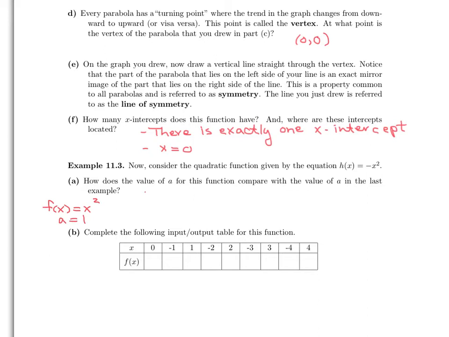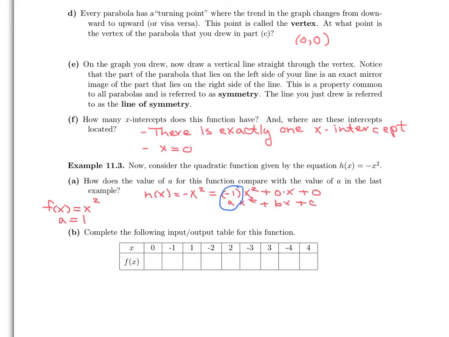In our current example, h at x equals negative x squared, which we can write as a negative 1 x squared plus 0 times x plus 0. Now we can compare. This is ax squared plus bx plus c. And so we can see that in this case a is negative 1.